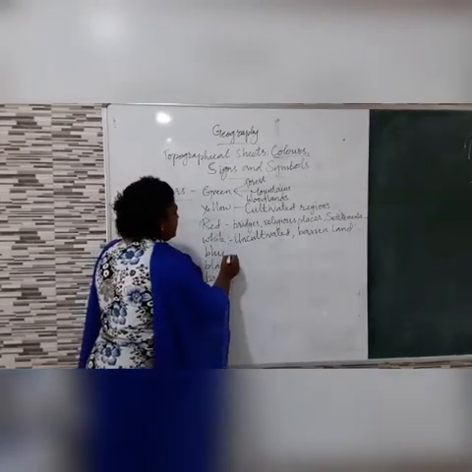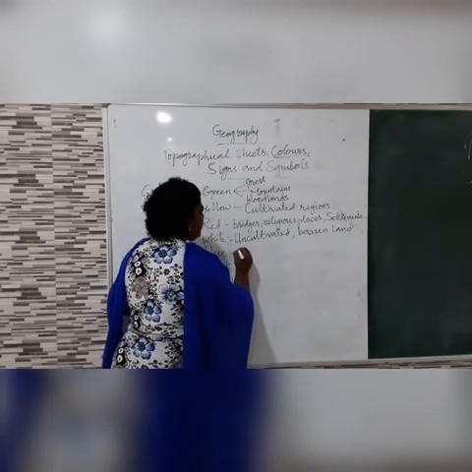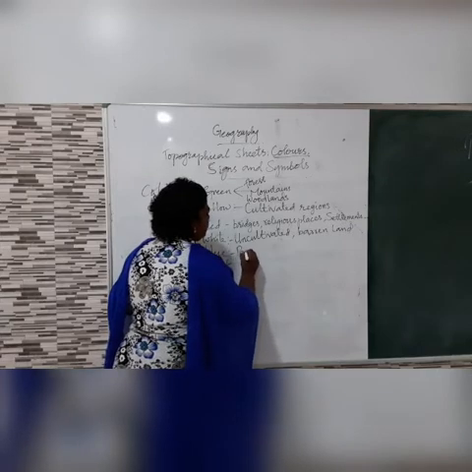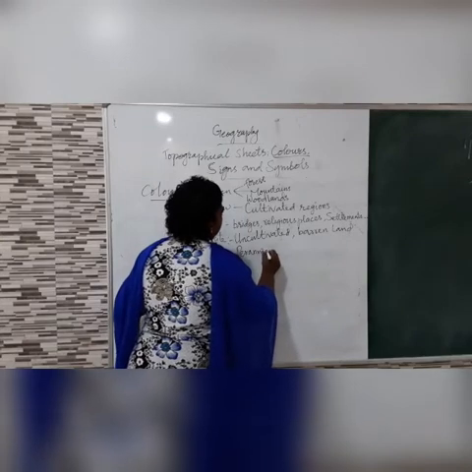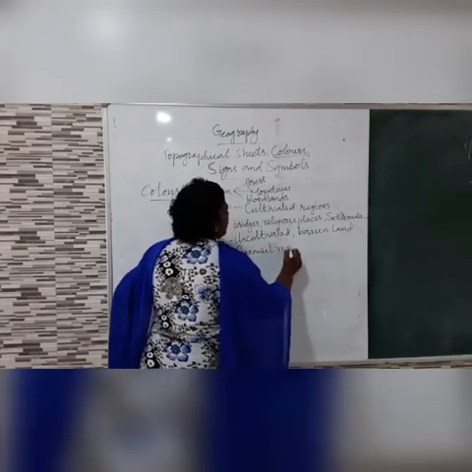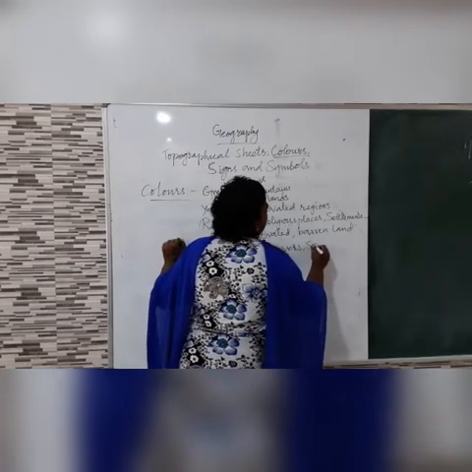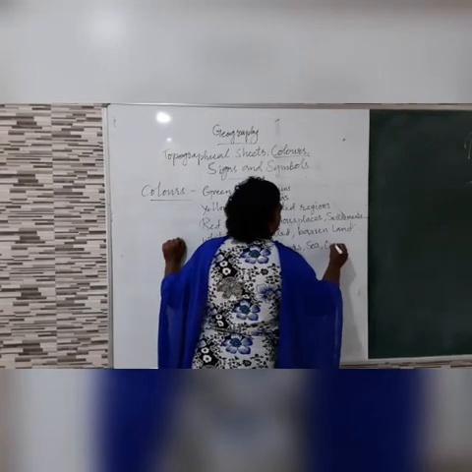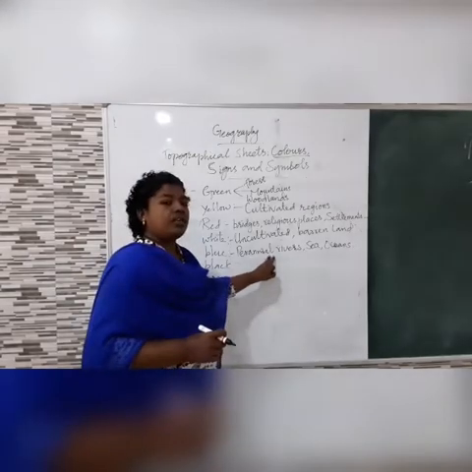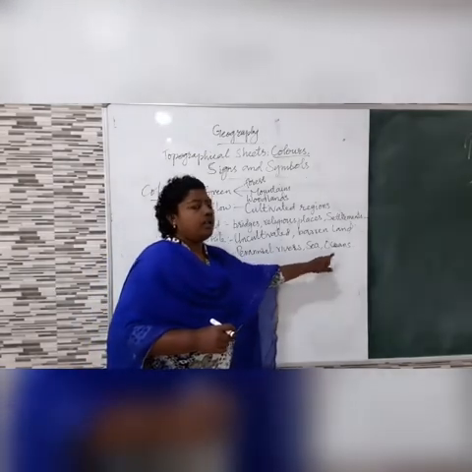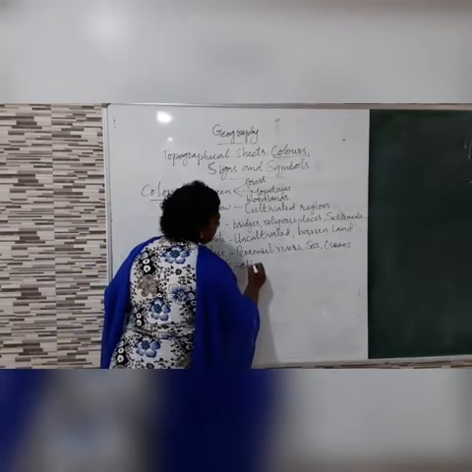And the next color used is blue, which shows the perennial rivers, and also denotes the seas and oceans where the water bodies are. And the black color denotes the abbreviations of the names.